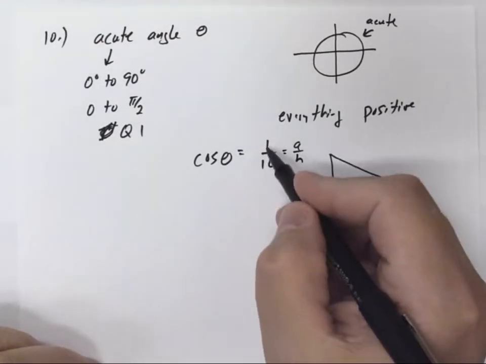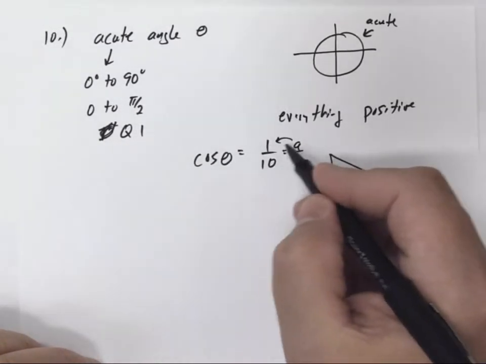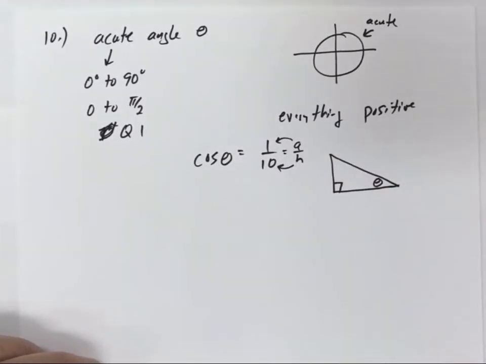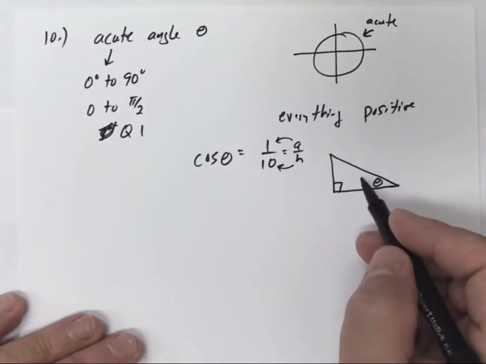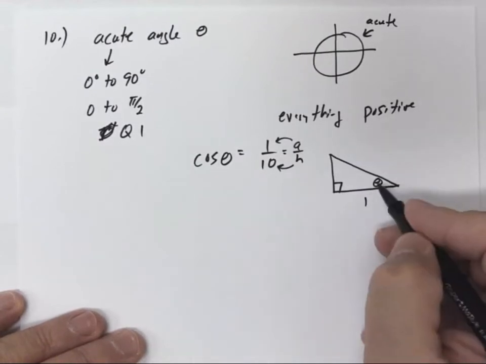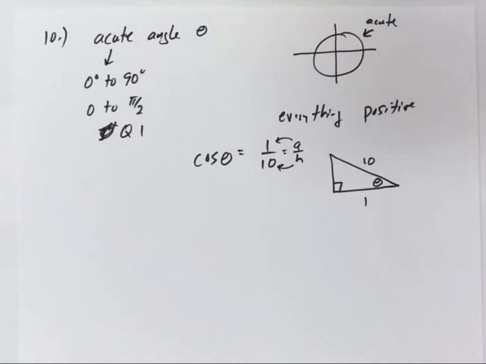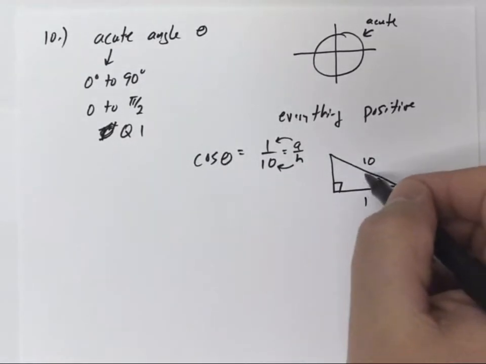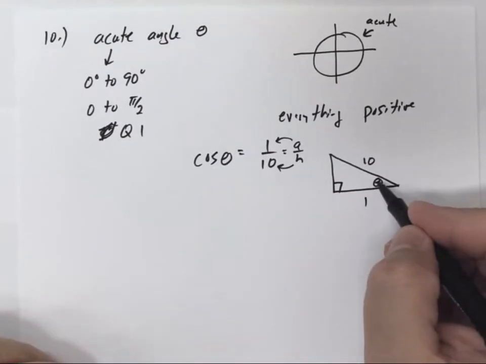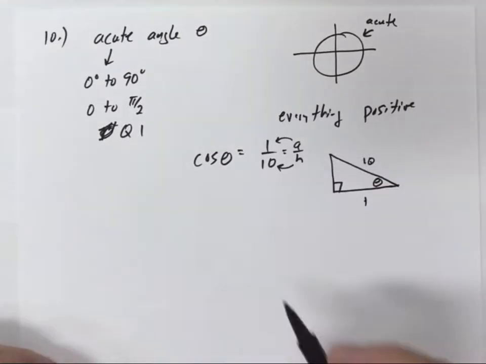And if I match it up here with 1/10, the adjacent must be 1, hypotenuse is 10. If I go down to my triangle, if this is my angle, adjacent's down here, we'll call that 1, hypotenuse is 10, right? If I had given you this angle and said find the cosine of theta, you would say cosine of theta is adjacent over hypotenuse, 1/10.